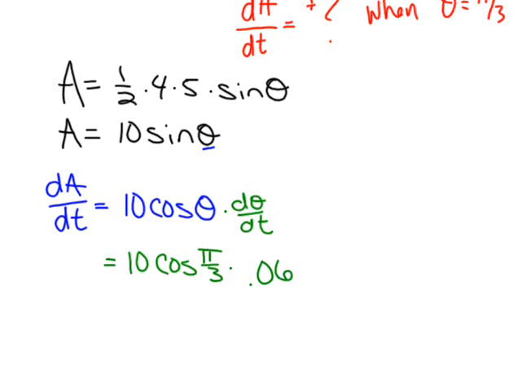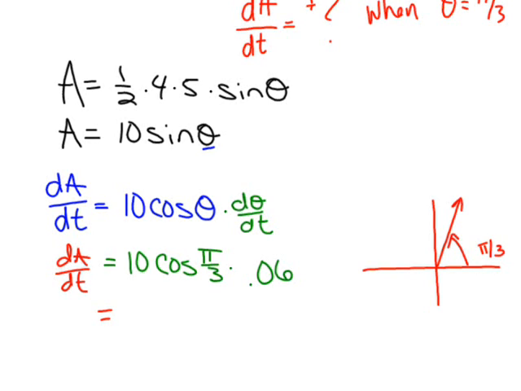Okay, and now we have to go back to our trig exact values. Some of you might know what cosine of pi over 3 is right away. Great. That's what we need you to be able to do. Some of you might need to take a refresher on exact values. Let's just do that so I know where that's at. Pi over 3 is the same thing as a 60-degree angle.